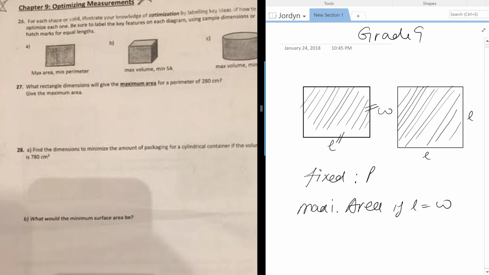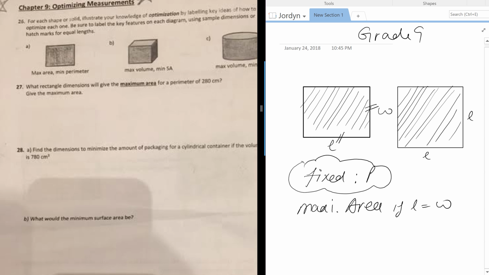So the rectangle's perimeter is fixed. They give you a particular fence and ask you to use this fence to make a rectangle whose area is maximum. You make this kind of rectangle, which we also call a square. This is a special rectangle when the side lengths are the same.